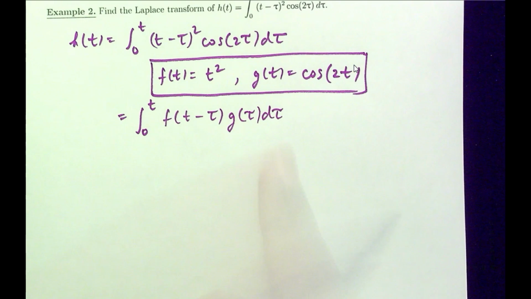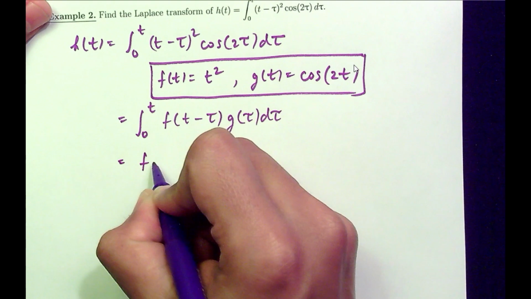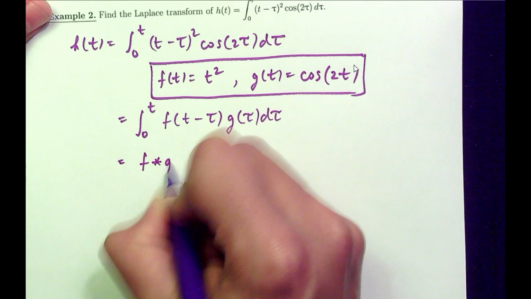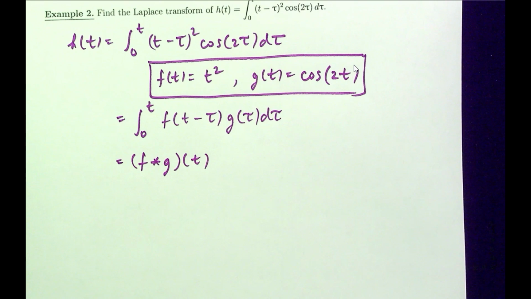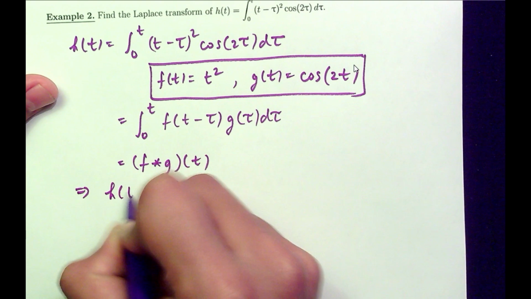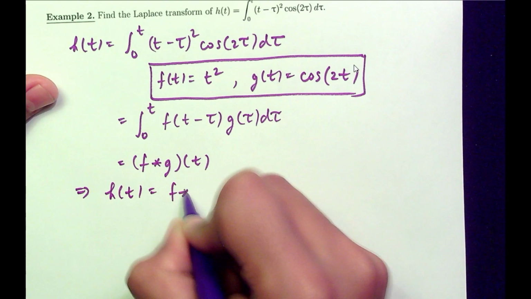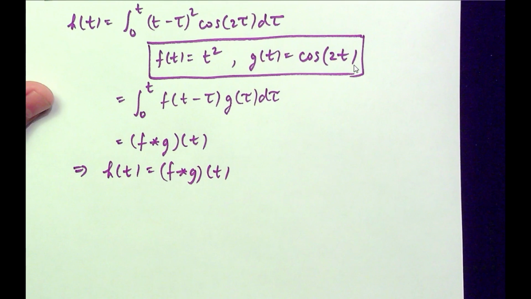So this integral is in fact the convolution product of these two functions, f convolved with g evaluated at t. So h is the convolution product of f and g.